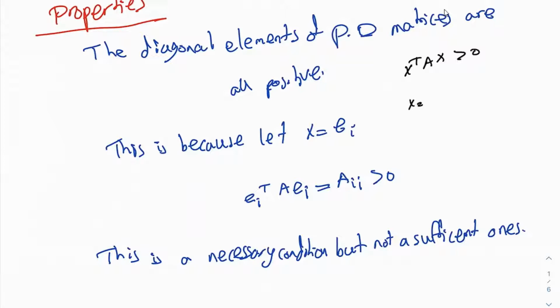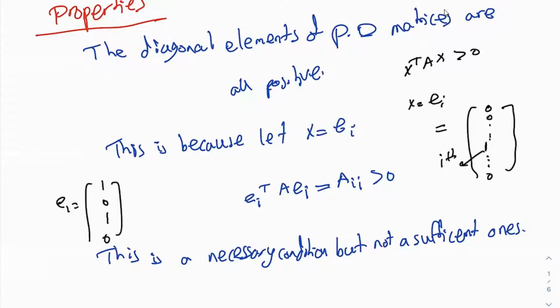What do I mean by that? Let X be e_i. What is e_i? It is nothing but zeros everywhere except 1 in the ith location. For example, e_1 is 1 0 0 0, and e_2 is 0 1 0 0. So if you let X be e_i, then e_i transpose A e_i is equal to a_ii, the element on the main diagonal corresponding to the ith row and ith column.